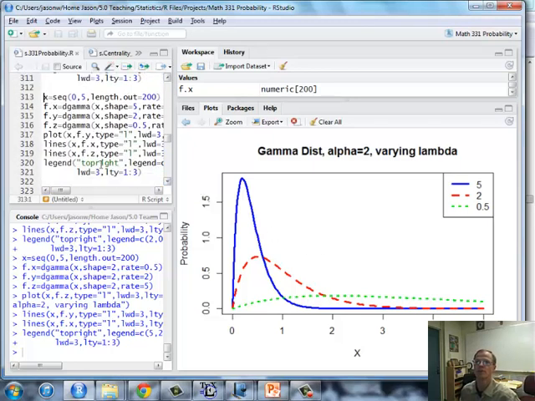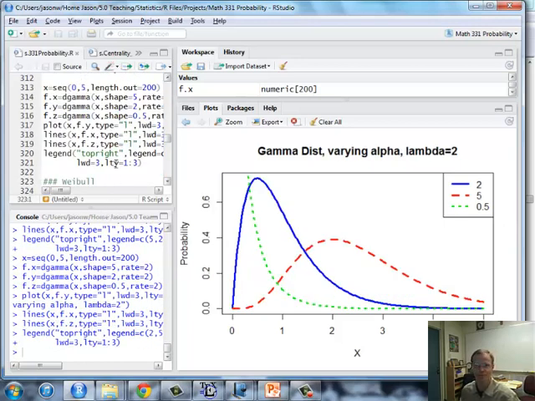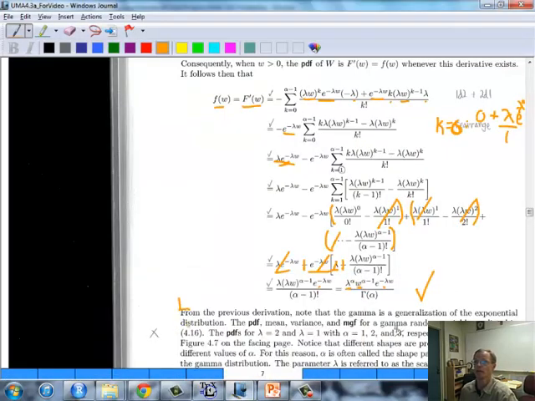Let's look at a different gamma graph and hold lambda fixed. Again, the scripts follow the same form as that exponential I just covered. So when I hold lambda fixed, we can see the behavior here. All right, great. I'd like to go back then into the book.